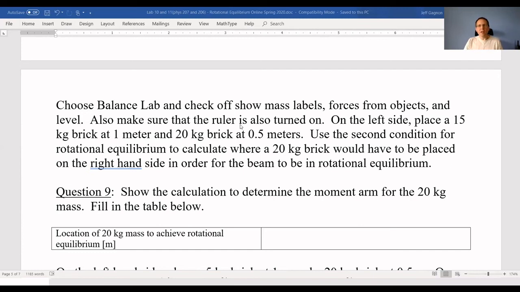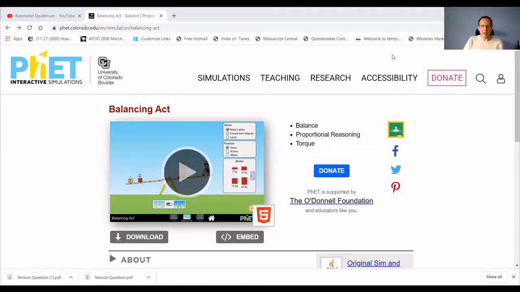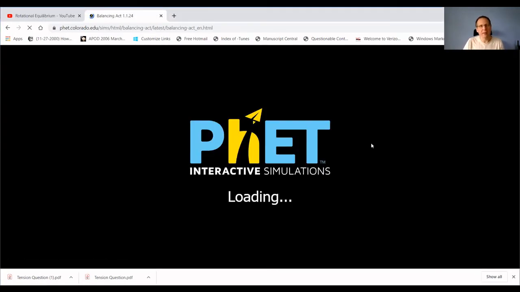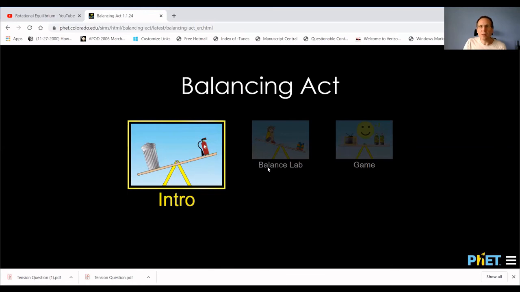Okay, then what you're going to do on the left-hand side, here, actually, let me go to the simulation site to show you this. Okay, so Balancing Act is going to be the one that we want. You can either download it or just run it through your browser. We want to go to Balance Lab.